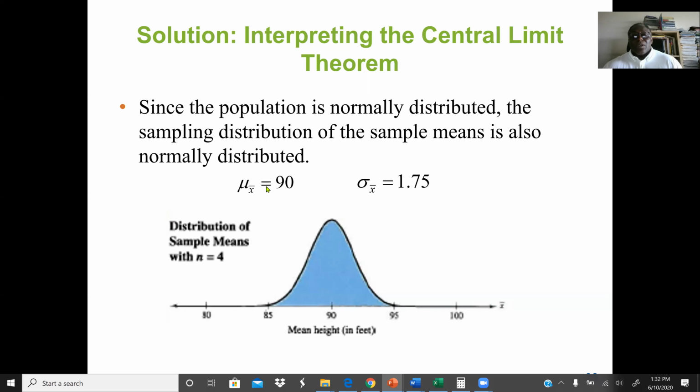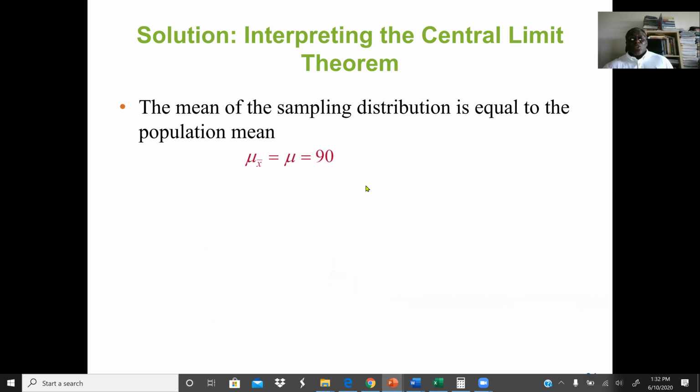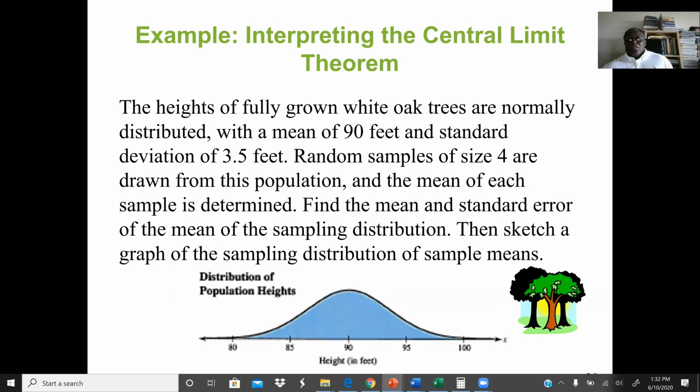So next, since the population is normally distributed from the question, the sampling distribution of the sample mean is also normally distributed. So we get the mean is 30, but we can see there's a shrink here because the standard deviation reduced. The population standard deviation was 3.5.